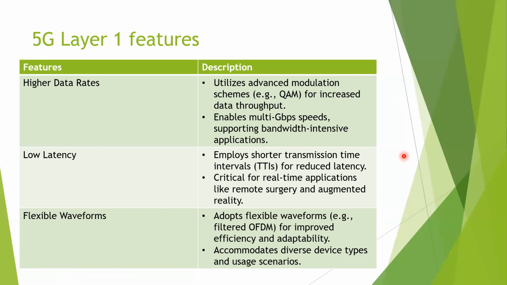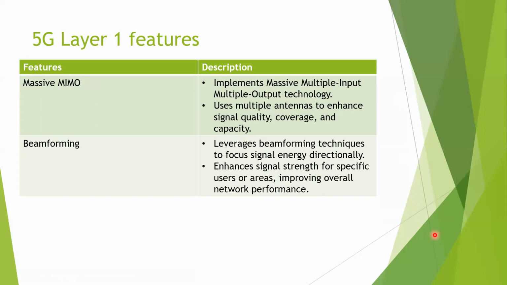There's also flexibility of waveforms, which adopts flexible waveforms like filtered OFDM for improved efficiency and adaptability to various devices and users. There's also massive MIMO. MIMO is multiple input, multiple output. It will implement massive MIMO technology and use multiple antennas to enhance signal coverage and capacity.